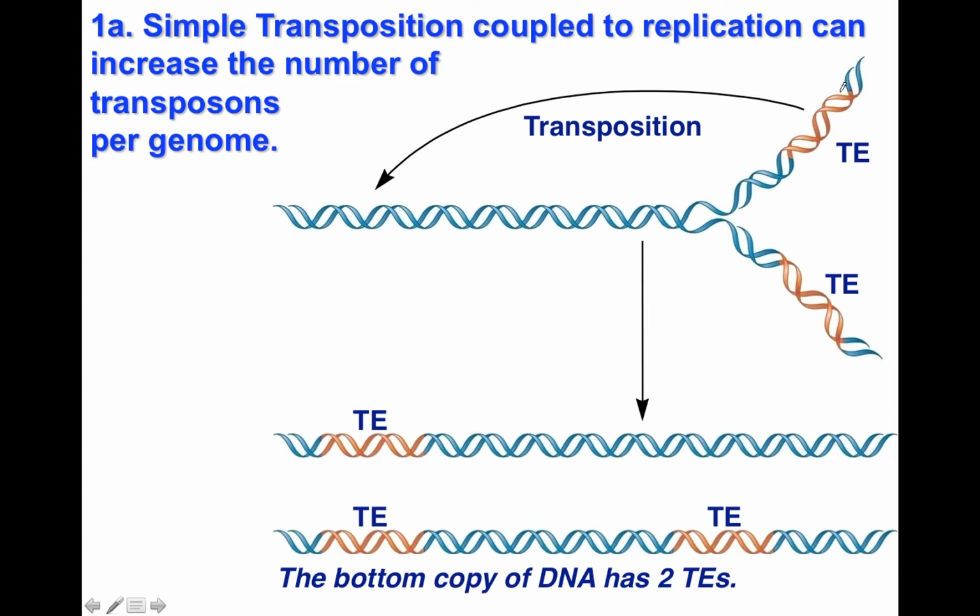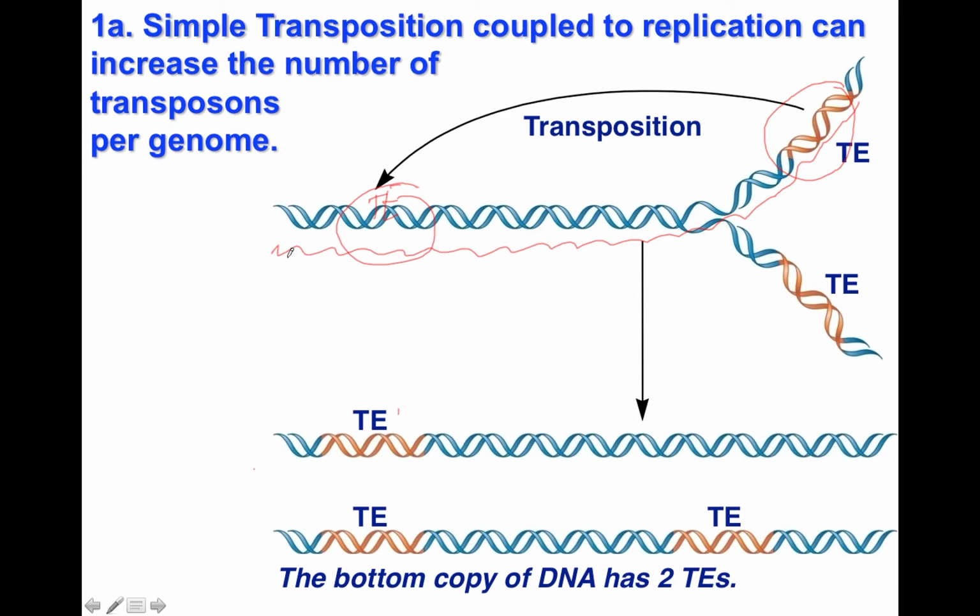If a transposable element moves from here to here, this strand of DNA that goes from here all the way down after it's been replicated will now have the TE here, just like this, but it will be missing from over here.